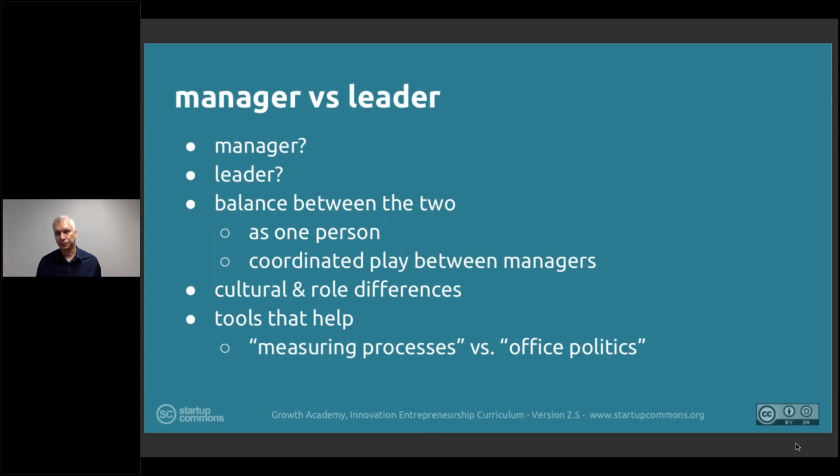And then the whole organization, of course, needs both managers and leaders. Someone needs to lead the way, but then also things need to be managed.